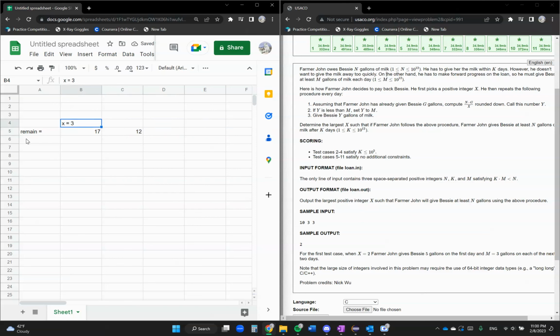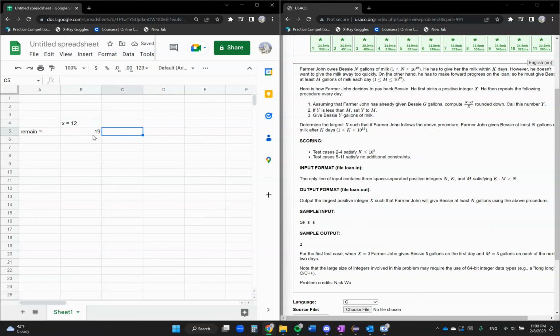Hmm, what's a good number for this? Okay, so let's say x equals 10, okay? And let's say that the integer remain is right now at 19, okay? Let's say x equals 12 actually to make it easier.